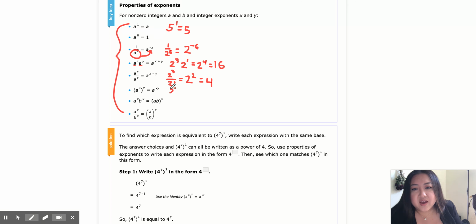So if we had 2 to the 3rd power, all to the 2nd power, then it'll be 2 to the, what's 3 times 2? Because I have 3, and then I have 2 here. That 3 looks silly, sorry. And so 3 times 2 is 6. And then just evaluate all the way through.